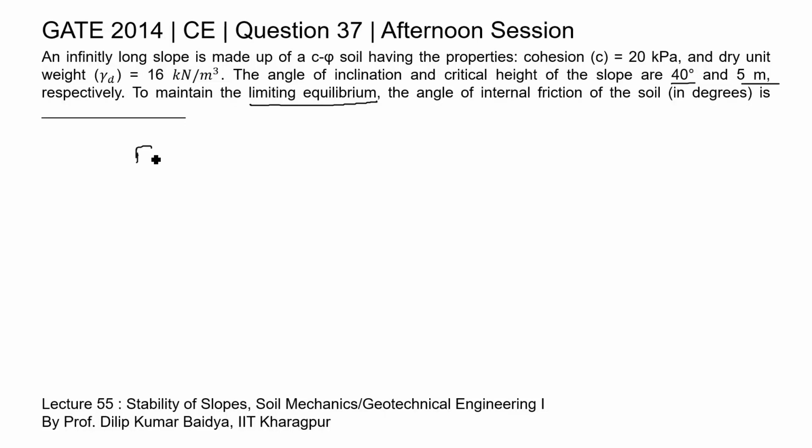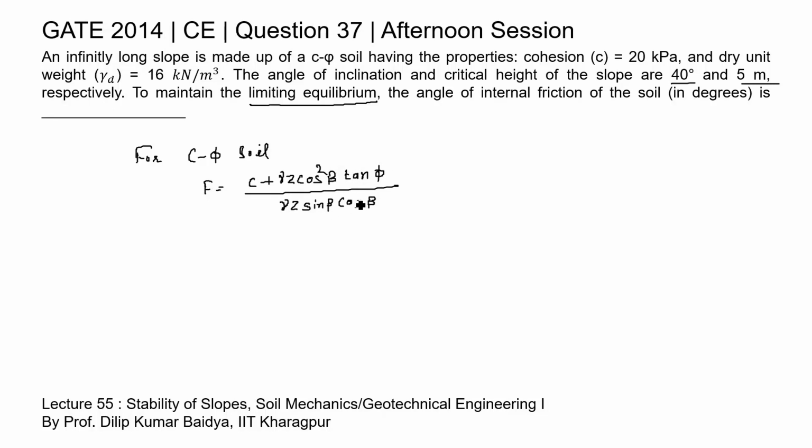So, for c-phi soil and dry condition, the factor of safety of the slope is equal to C plus gamma z cos square beta tan phi dash by gamma z sin beta into cos beta.